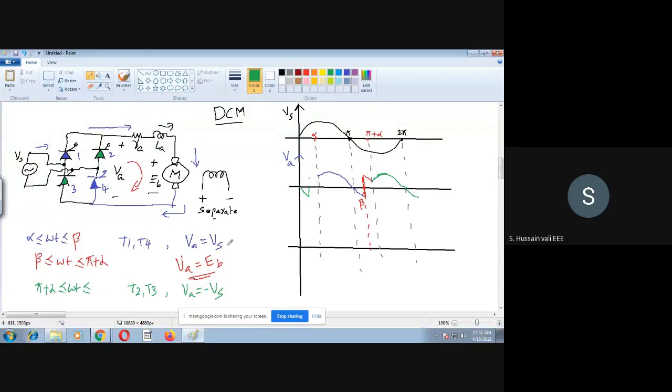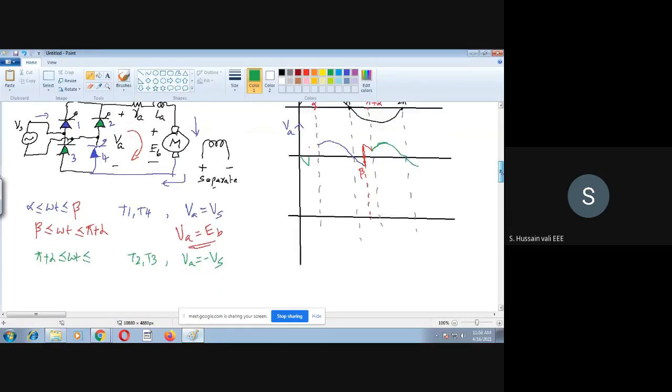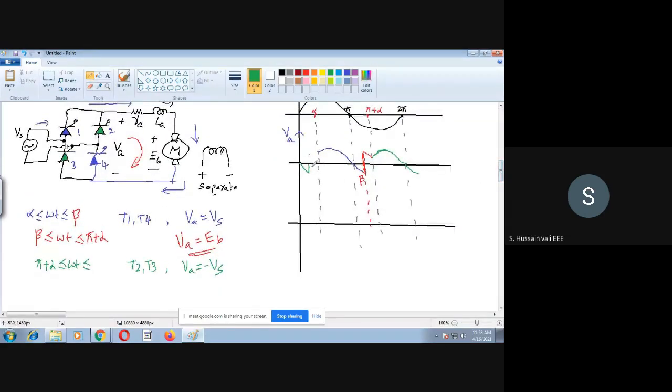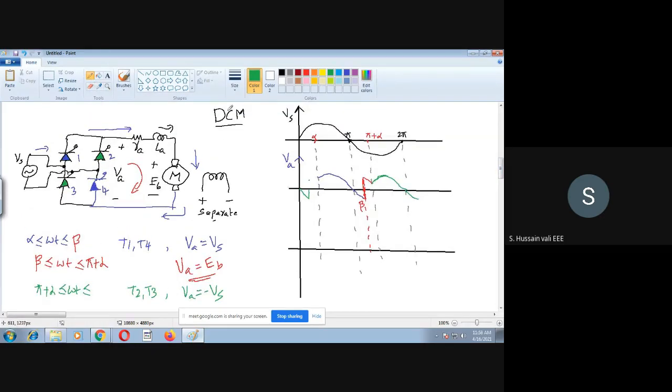Then the output voltage is, so the cycle will continue. The cycle will continue in the sense, I will write here.